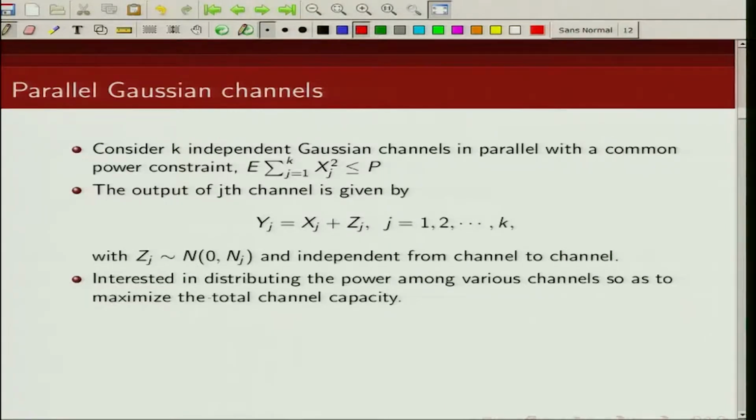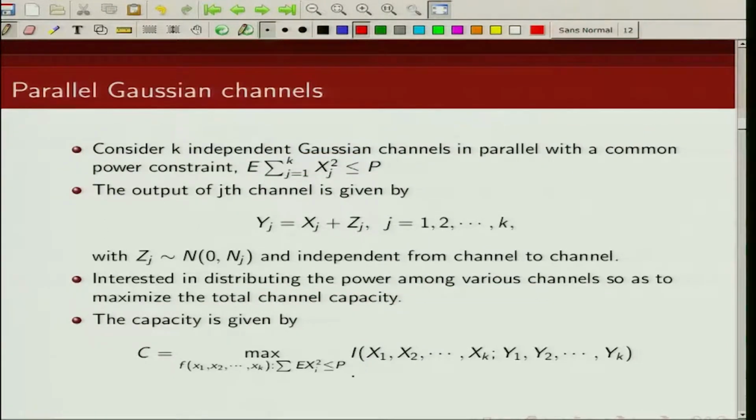Now, we are interested in finding out the power distribution among various channels such that our channel capacity is maximized. So, we have a common power constraint which is given by this. How should we allocate power to x1, x2, x3, xk such that we maximize our channel capacity? This is the problem we are looking at.